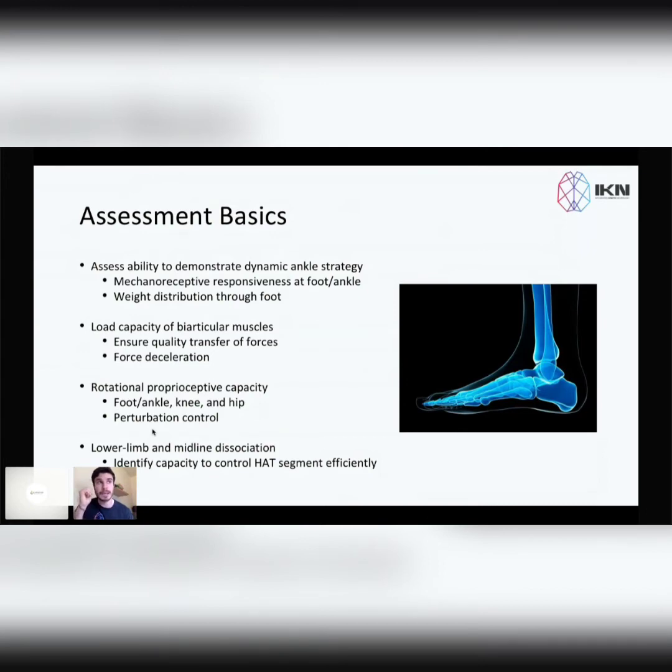Because again, what happens, and this is something that's important as well, is that if you can't decelerate load well, just in the same way, if you sink into dorsiflexion, you move into too much hyperextension of the knee, the client has to have some way of moving your body weight over the stance limb as you're walking. So my right foot hits the ground, let's say.